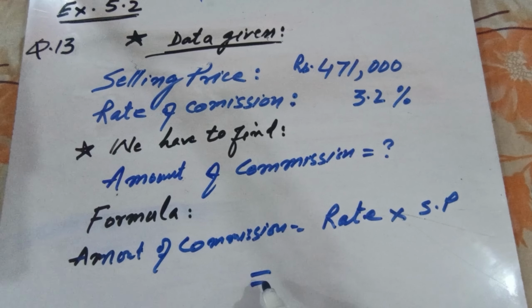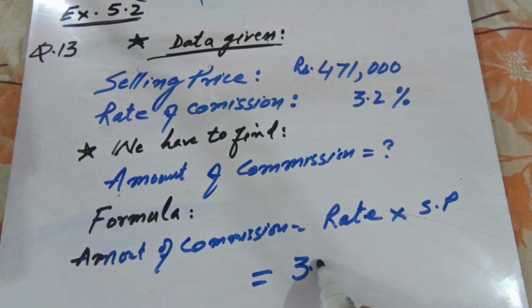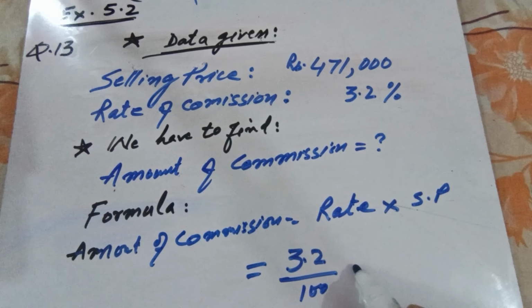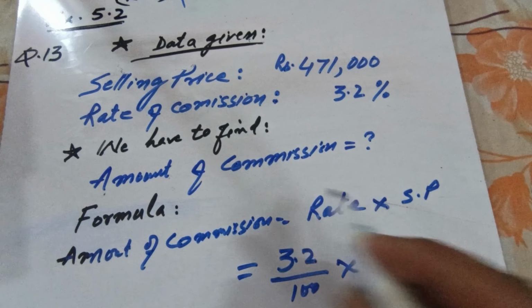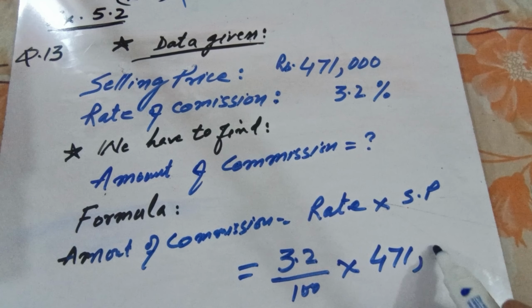So we know what the rate is. Rate is given, which is 3.2%. 3.2%, percent means out of 100. And the selling price, which is 471,000.